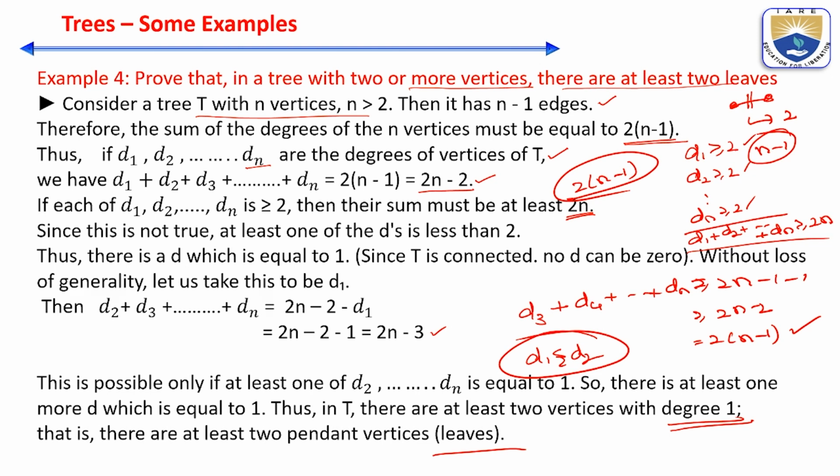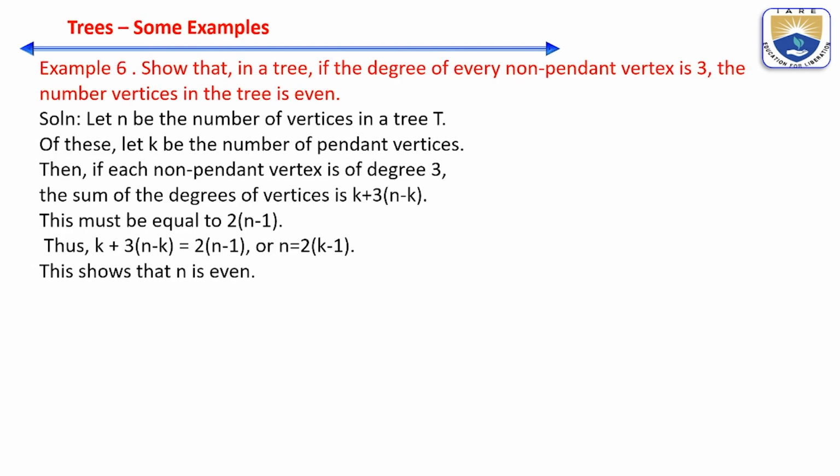But we require the sum to be 2 into n-1. So at least two vertices have degree less than 2. That means if vertices v1 and v2 have degrees 1, 1, then those vertices will become the pendant vertices of that particular tree.